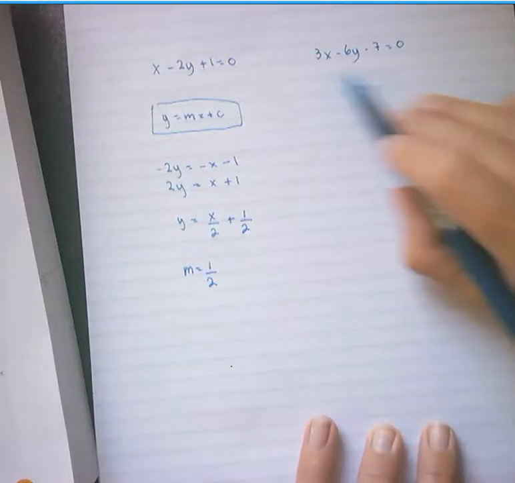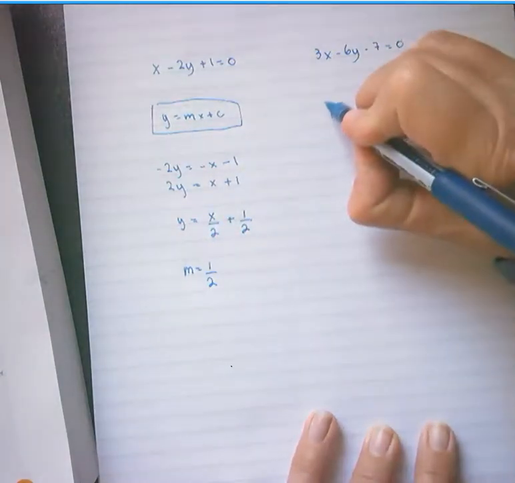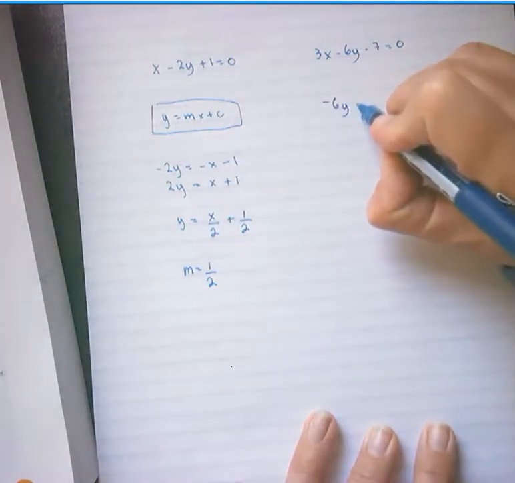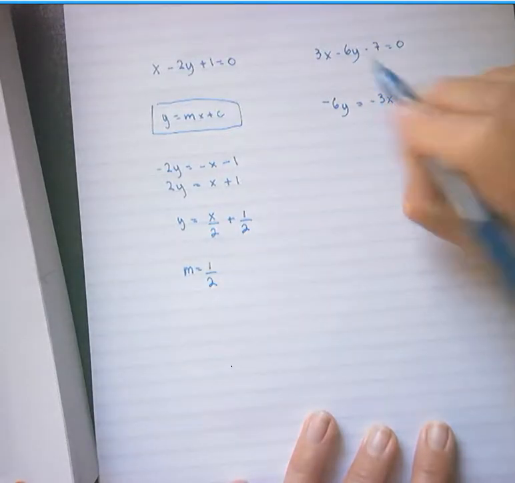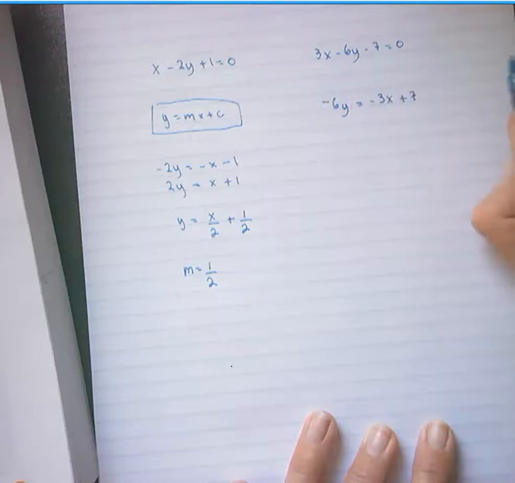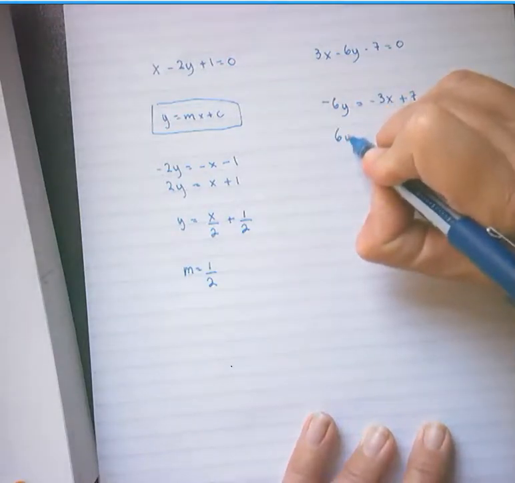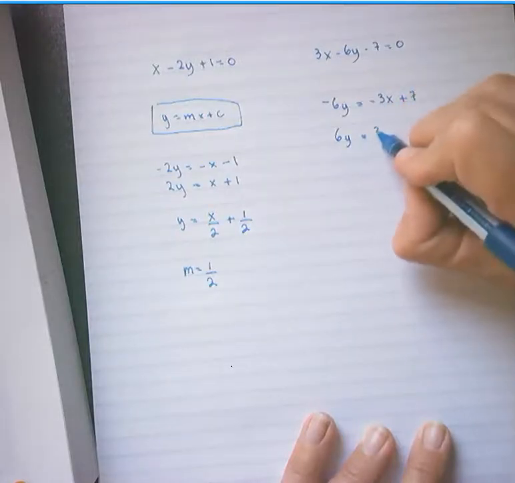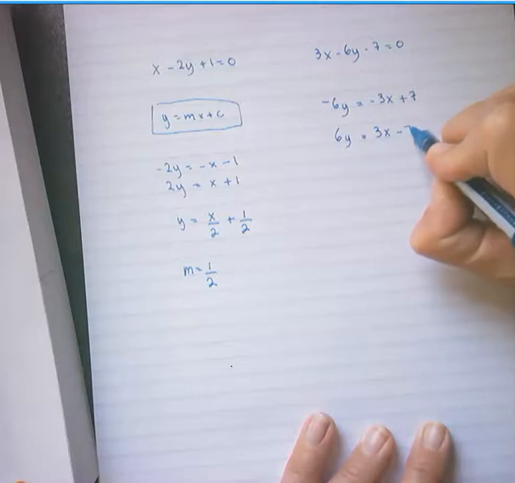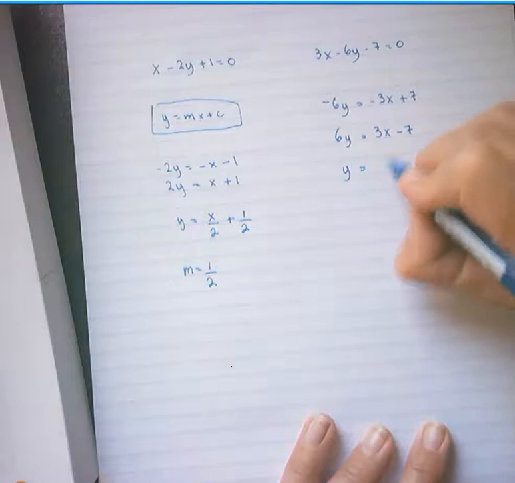For this line, again, we want to arrange it so it's y equals everything else. So you go minus 6y is equal to minus 3x plus 7. So when we brought the 3x and the minus 7 to the far side of the equal sign, they change their signs. Make everything so it's positive y. So we have 6y is equal to 3x minus 7. And we just want 1y, so we're dividing everything by 6.